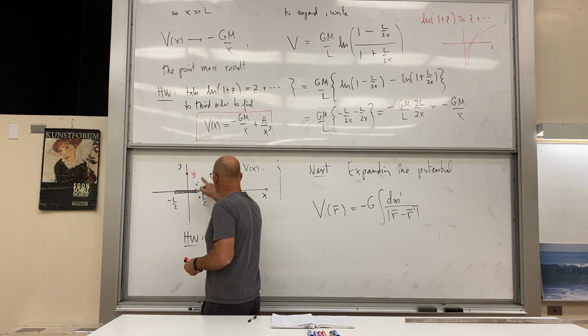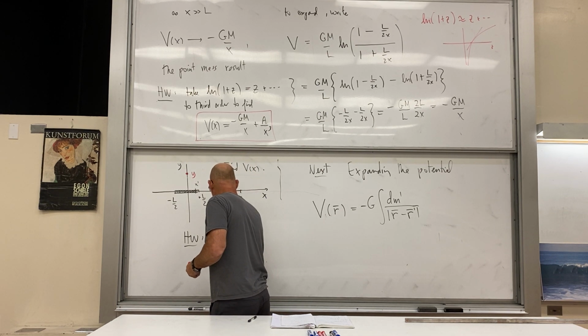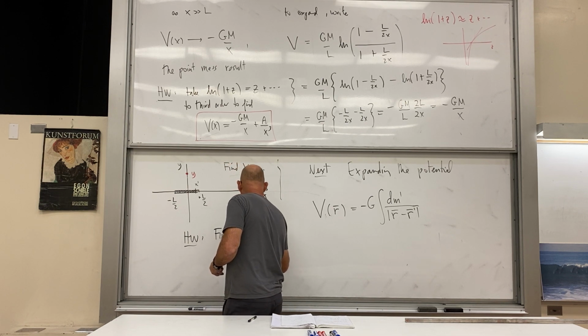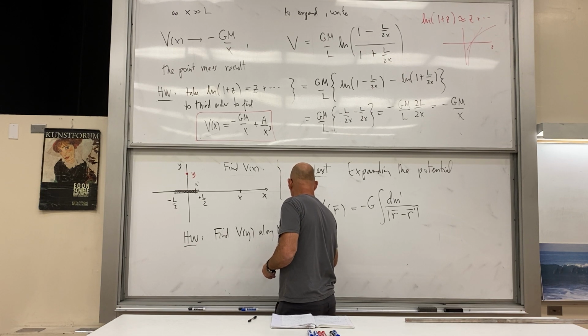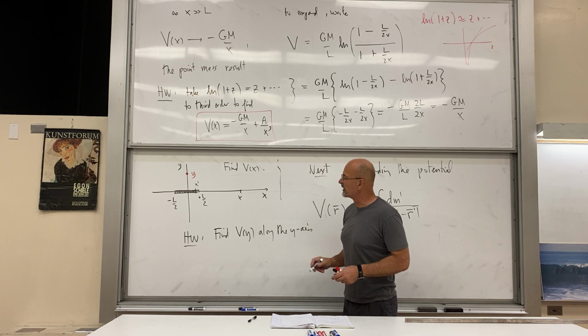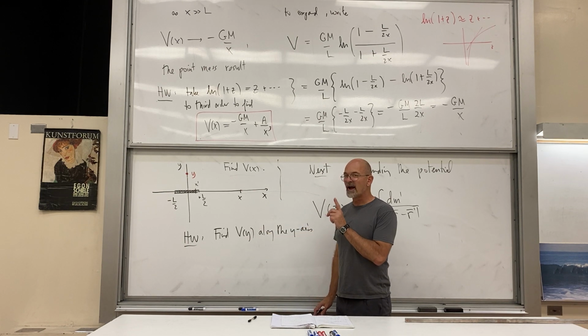Homework for this problem: find V of y along the y-axis. There are different ways to do it. If you don't get the integral in closed form, remember we're after the expansion.